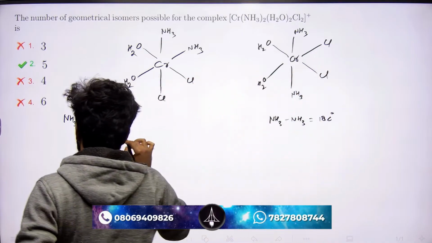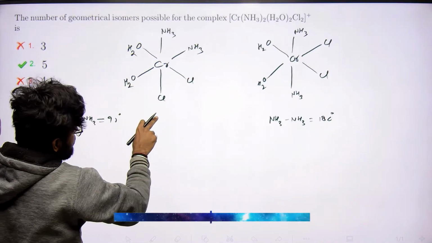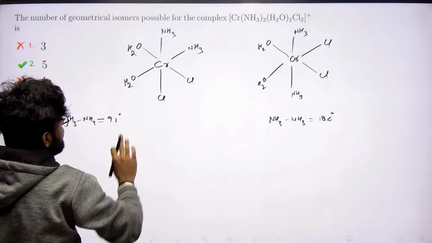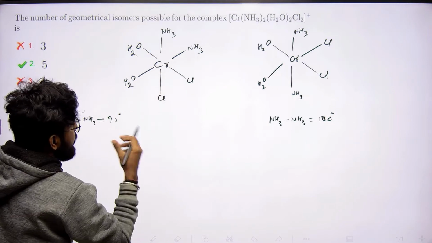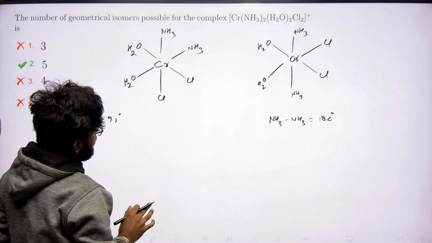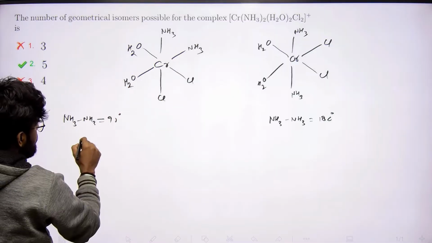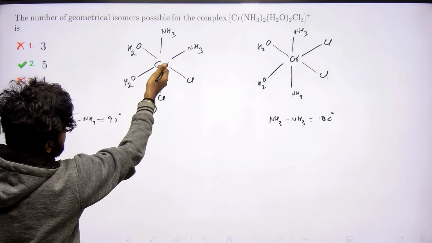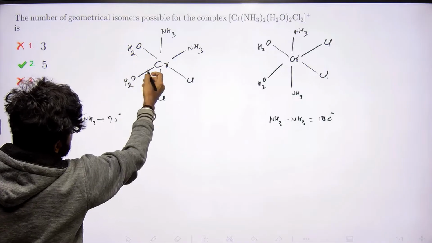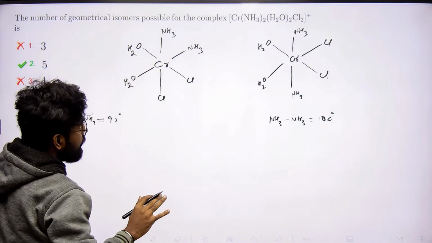Now in this particular structure, when NH3 are at 90 degrees, what other possibilities could we have without changing this skeleton? One is this one, in which H2O are at 90 degrees and Cl are also at 90 degrees.